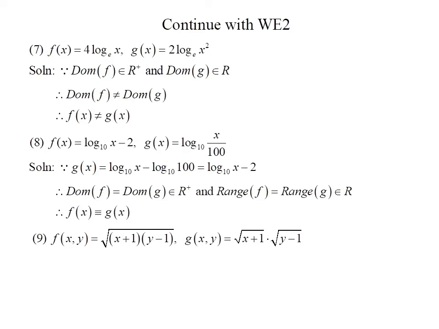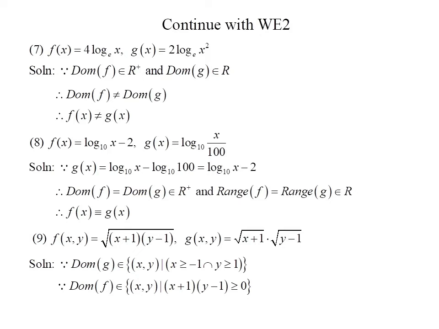In question 9, both f(x,y) and g(x,y) have different rules. Therefore, they have different domains. For g(x,y), the domain must satisfy the condition of x greater than or equal to -1, and y greater than or equal to 1.